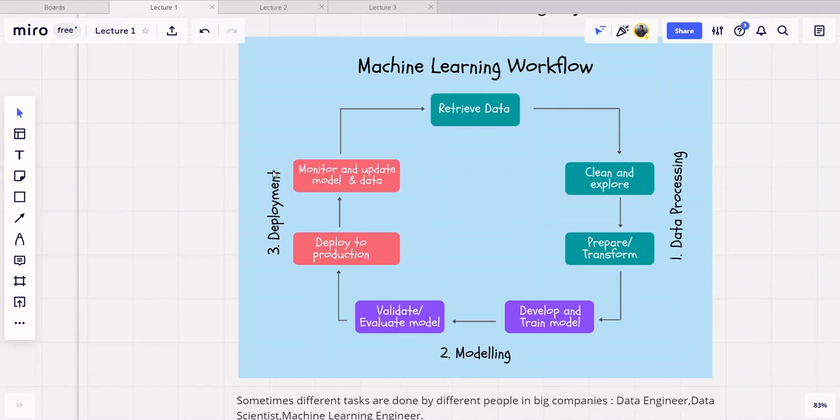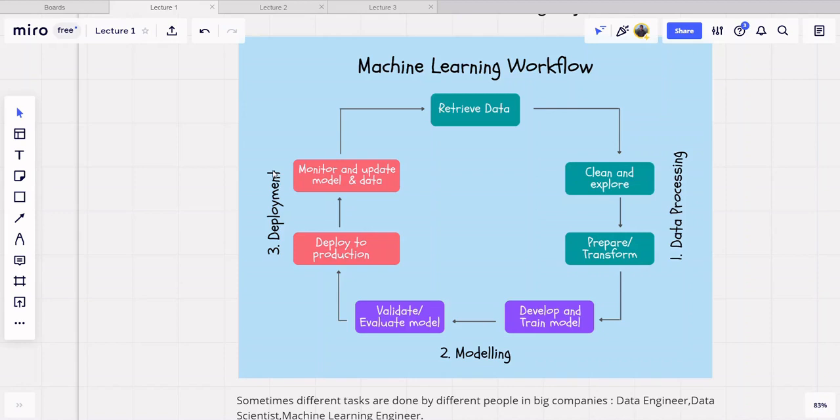Once we have the data, the data may not be clean, like it may contain some null values or missing values, or it may not be in the required format. So the next step is basically data processing. We want to process the data so it comes in a format which can be easily used by the machine learning model.